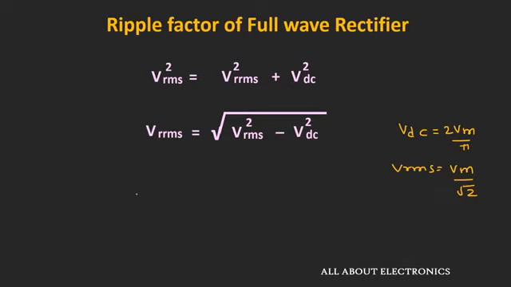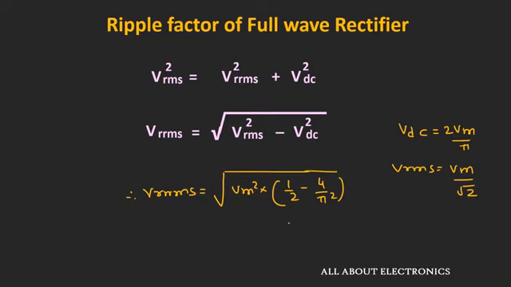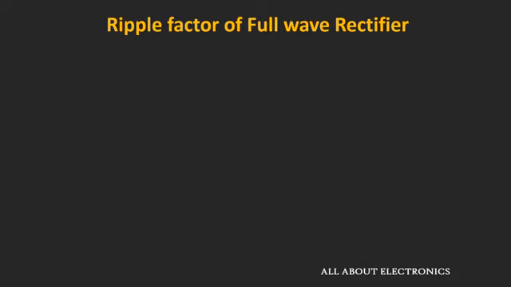From this we can say that the RMS value of the ripple will be equal to square root of Vm square times 1 by 2 minus 4 by pi square. And if we calculate this value, the RMS value of the ripple will roughly come around as 0.3 times Vm. So let us use this value and find out the ripple factor for the full wave rectifier.